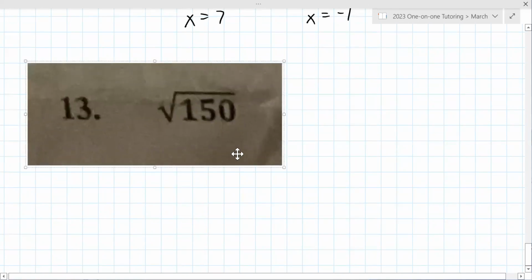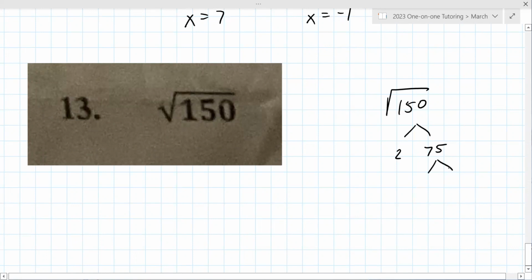All right, so you start by building that factor tree. Start with 2. You've got a calculator: 150 divided by 2. That's 75. Then you say, okay, well, 2 doesn't work, so you try 3. 3 is the next number to try. Does 3 go into 75? Yeah, 25.